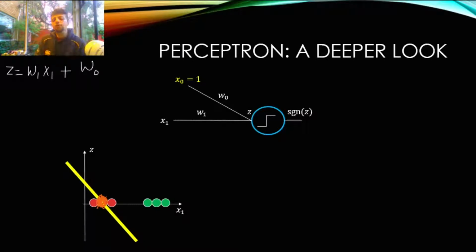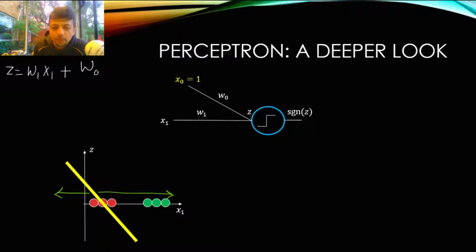Now, if you want to figure out how this line classifies your input data, if you think about it, anything that falls on this side of the line will be classified as the same class, and anything that falls over here will be classified as the other class. Why?